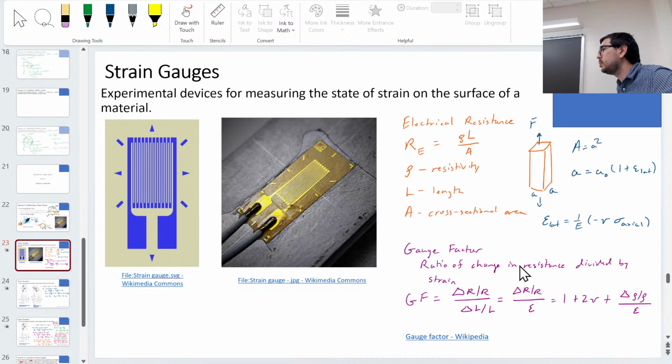Yes, Michael? If the material was conductive, could you just send electricity through it itself and measure the change in resistance? So yes, theoretically.